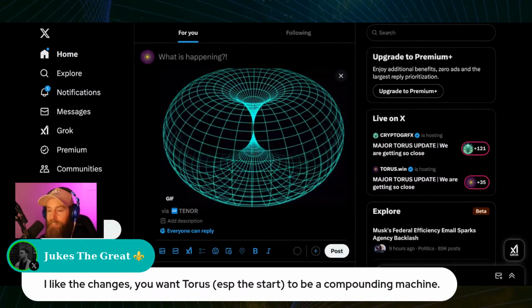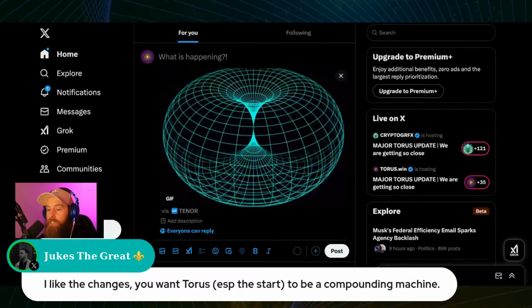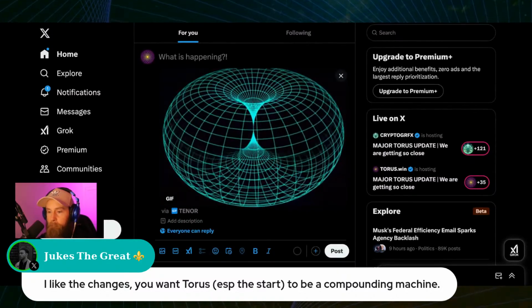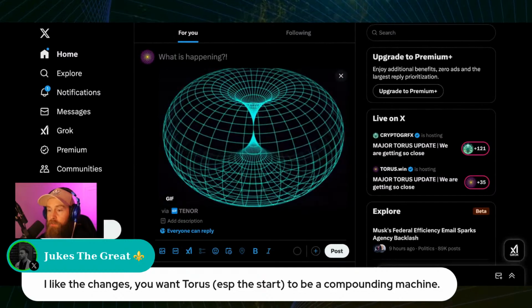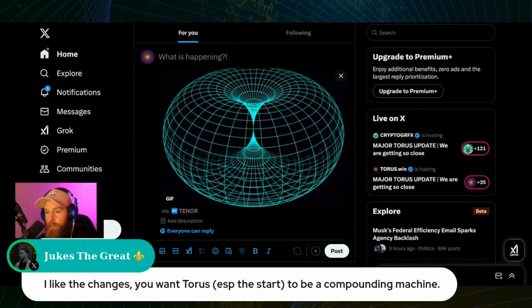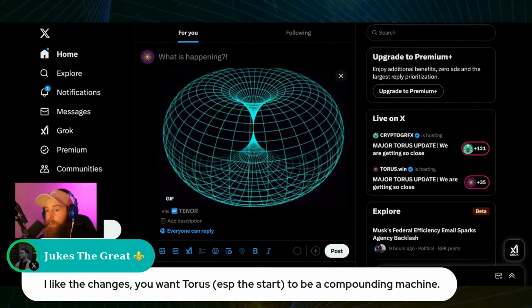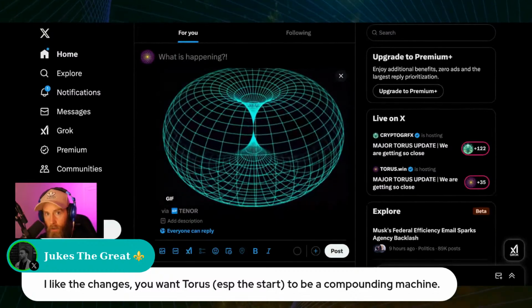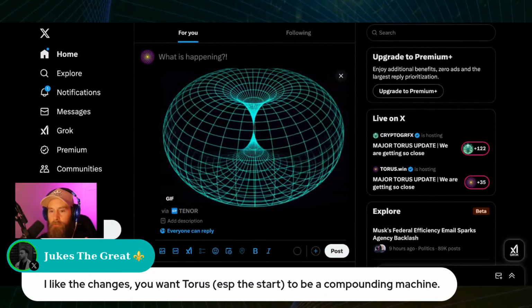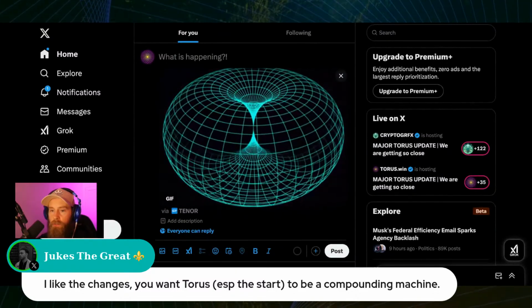It's a really interesting dynamic that is going to force people to pay attention to TORUS. If you don't pay attention, you could be missing out, because the less you pay attention, the more someone else is getting an ROI.